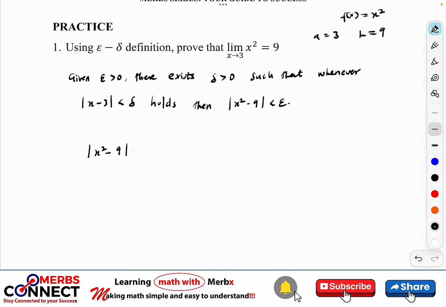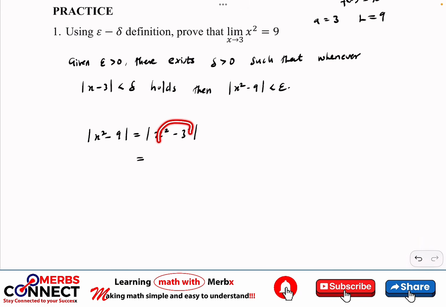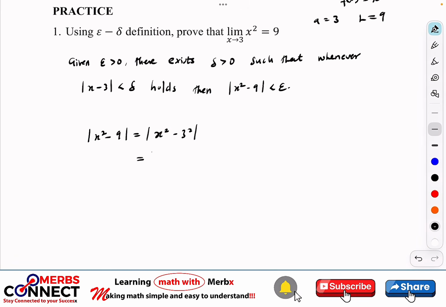Now don't forget, 9 is the same as 3 squared. I want to do it step by step so that you can understand what I'm doing here. Now I can use the difference of two squares to write this as the absolute value of x minus 3 times x plus 3.